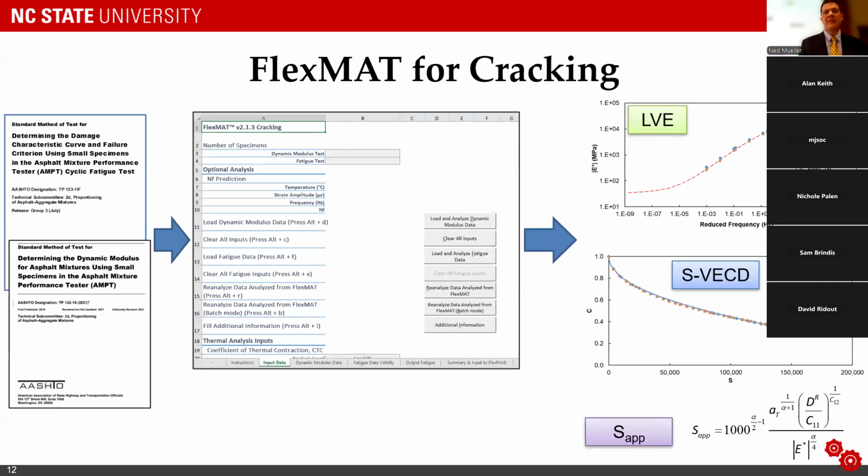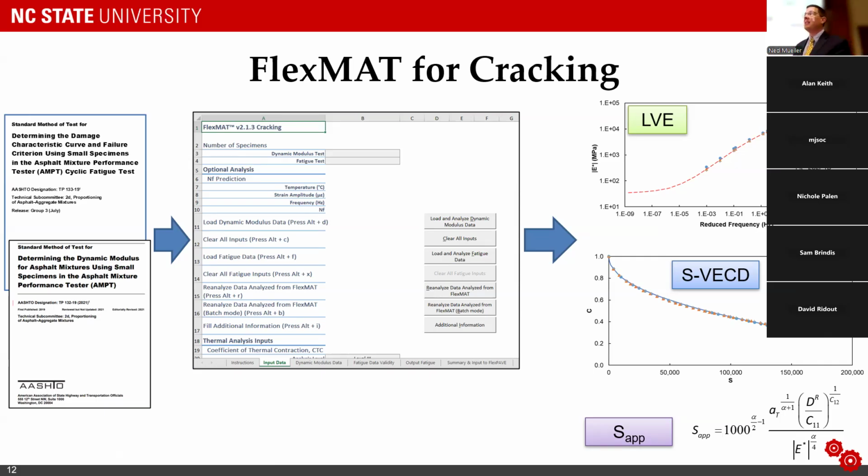This is another schematic of that for cracking, just to give you an idea. Again, our focus in a lot of the practical aspects of this work are creating standards that are standardized by agencies, in this case, AASHTO. And then the FlexMat tool does all the heavy lifting with respect to theory and analysis to provide fundamental behaviors related to the linear viscoelasticity of the mixture, as well as the cracking potential of the mixture.